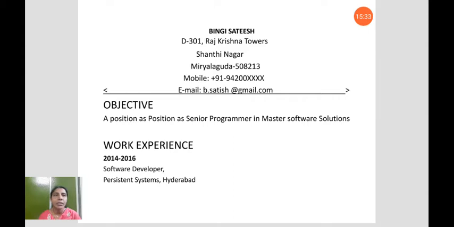Then he worked as a software developer in that company, Persistent Systems, located in Hyderabad. This is how you write your work experience.